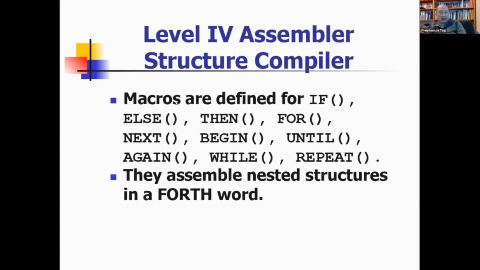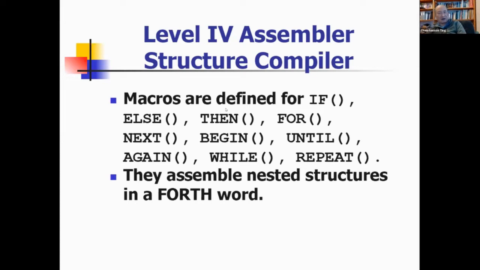So to get around that, I created more macros, which do the structures. I have if, which is a macro that will assemble the true clause, and else would assemble the false clause, and then then would terminate this if else then structure.